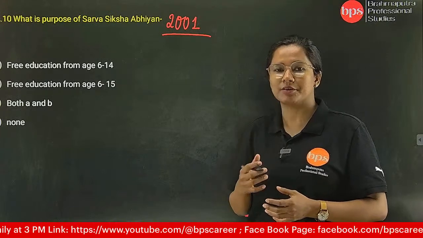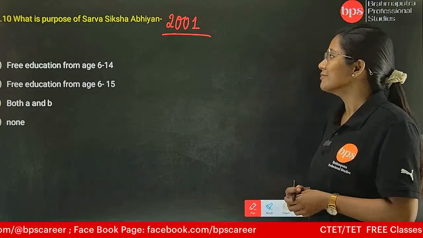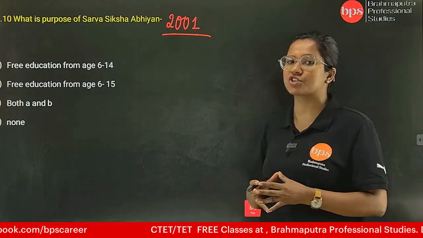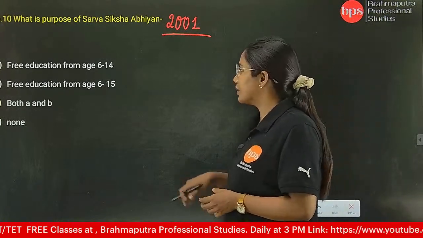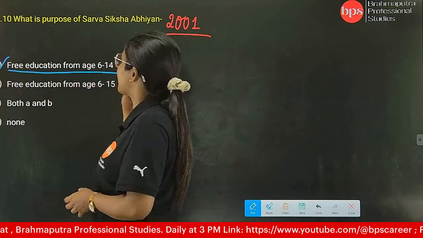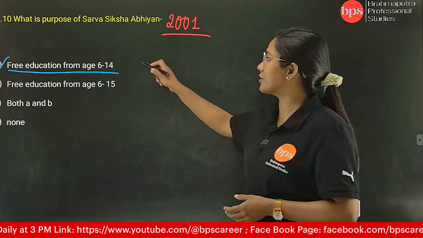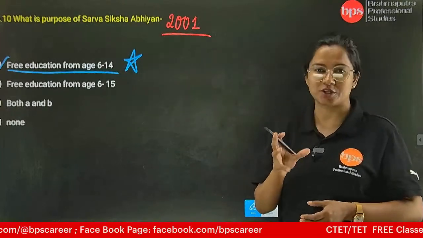But first let me tell what is the free education in Sarva Siksha Abhiyan. This is the concept of free education from the age group of 6 to 14. Very important, and it is a frequently asked question.